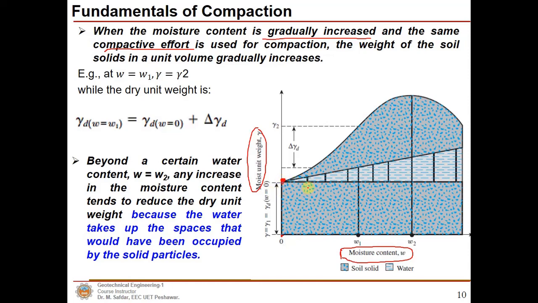But as we are adding water, for example W1, it will increase the unit weight, that would be gamma 2. And again we will reach a certain point, or the maximum point, for the moist unit weight. We can call that gamma 3.